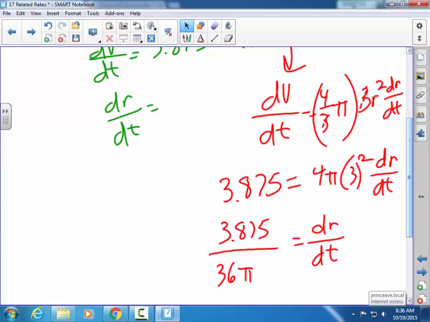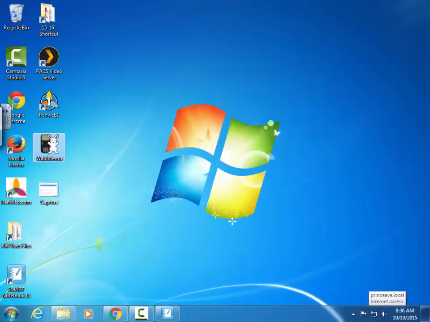Okay, got it. I didn't write it down here, did I? See, I canceled this 3 with that 3, and then 3 squared. My brain just got rid of the r. Yes, it didn't make sense to me there for a minute. Okay, it does now.